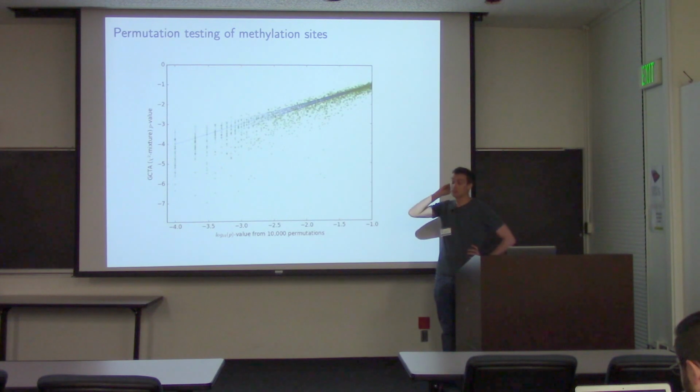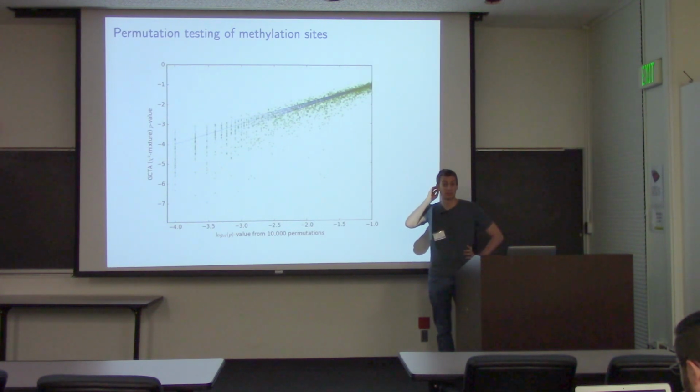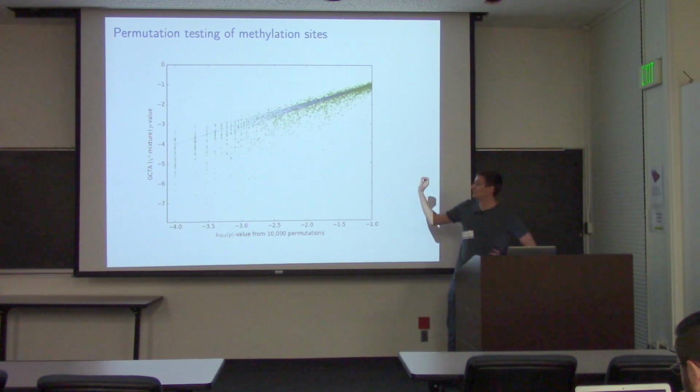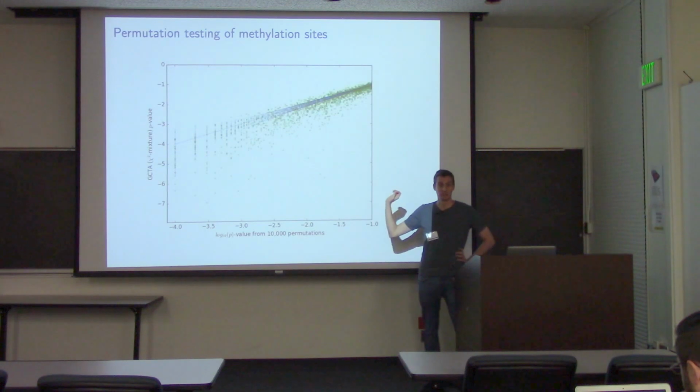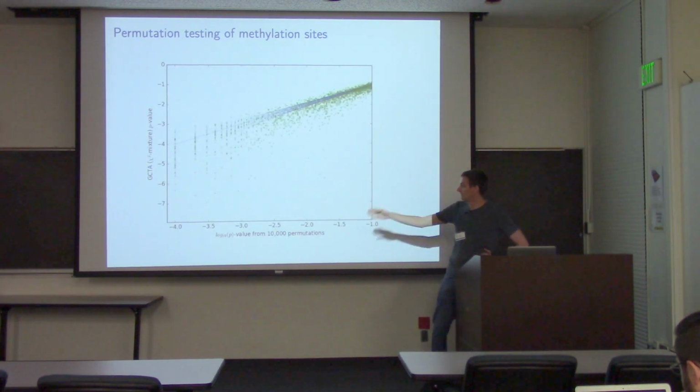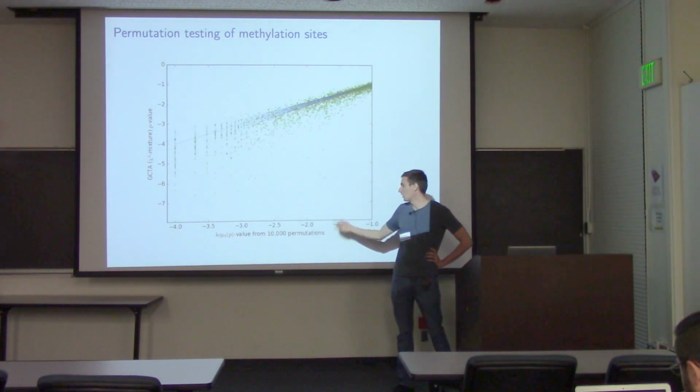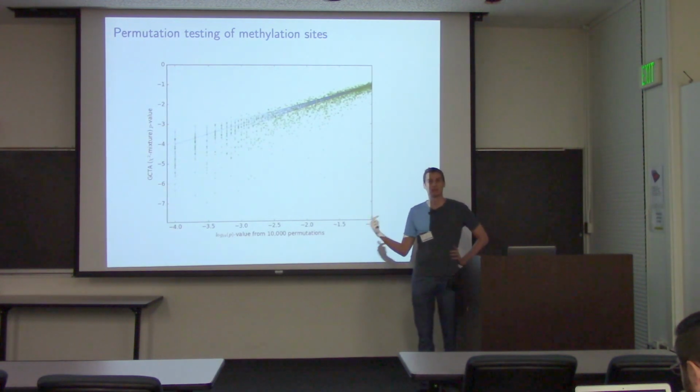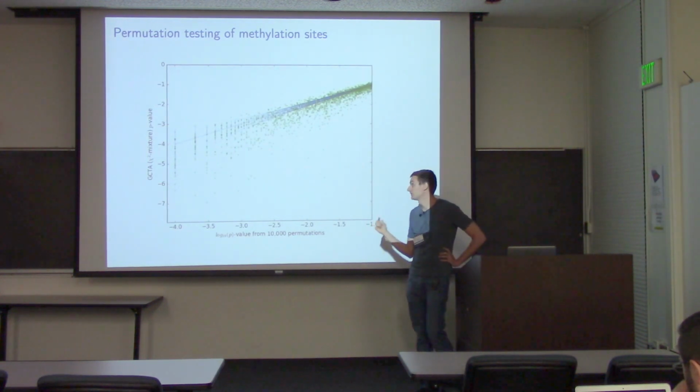So we tried running this heritability testing on all the methylation sites in the dataset we have, the core dataset. Each point here is a methylation site. On the x-axis is the log p-value that you get from running 10,000 permutations.